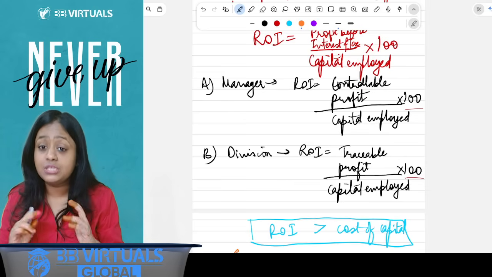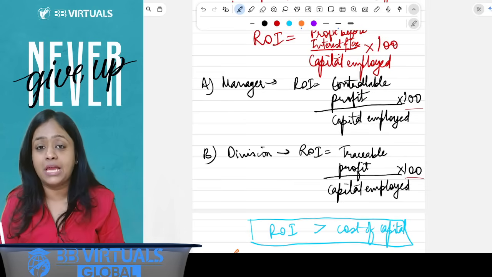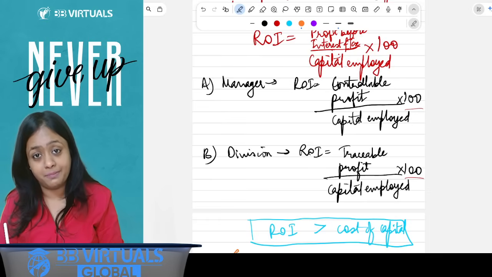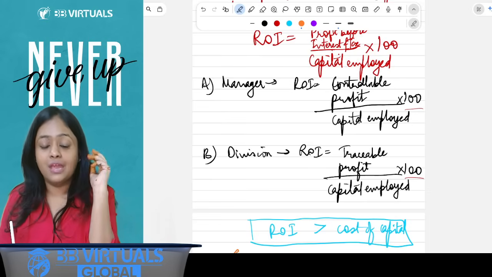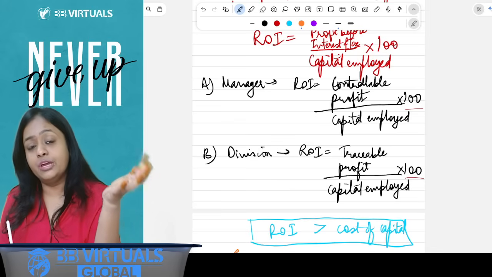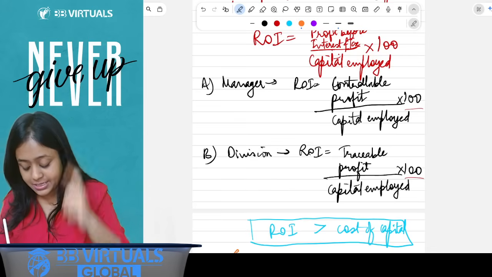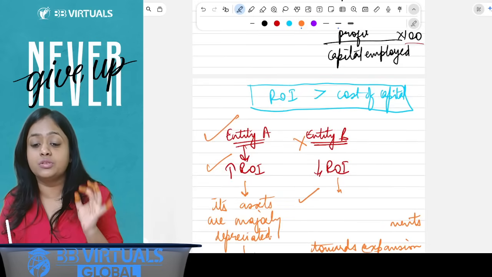And for the division as a whole, ROI will be traceable profit divided by capital employed multiplied by 100. So in the exam, be very clear what the requirement is. If they're only looking from the manager's point of view, take controllable profit. If they're looking from the division's point of view, take traceable profit. The agenda should be that ROI should always be more than the cost of capital.